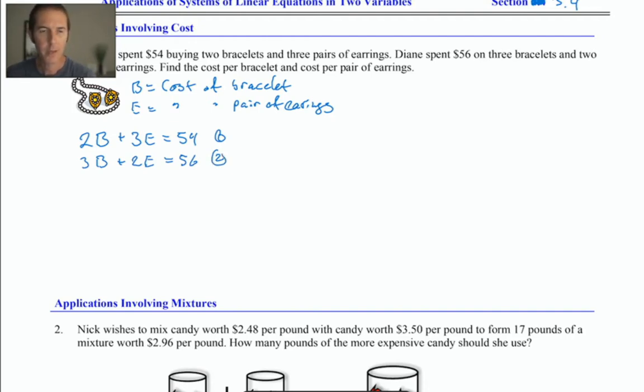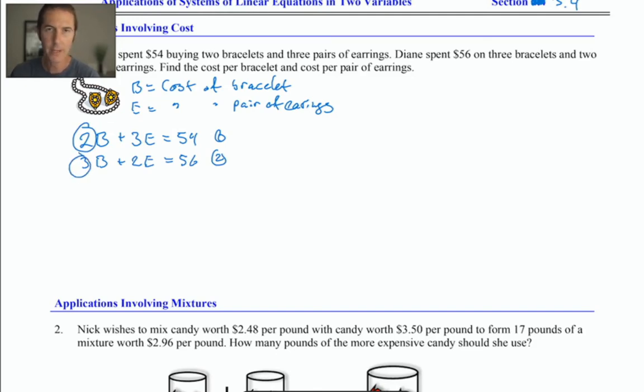Because none of the terms on the left-hand side of these equations have a coefficient of 1, they all have coefficients of either 2 or 3, I don't think that substitution is going to be your best method here. I would recommend modifying both of these equations so that you have opposite coefficients like we've seen in previous videos. Maybe multiply equation 1 by 3 so that this turns into a 6, and multiply equation 2 by -2 so that this turns into a -6.